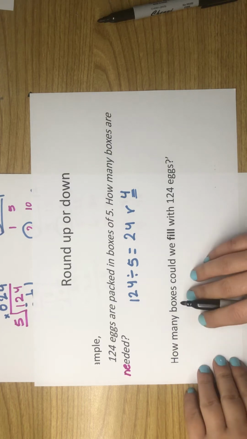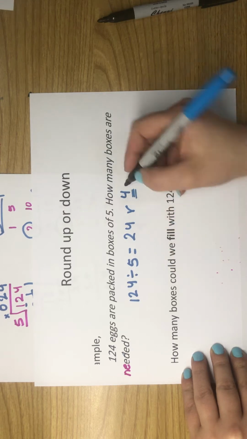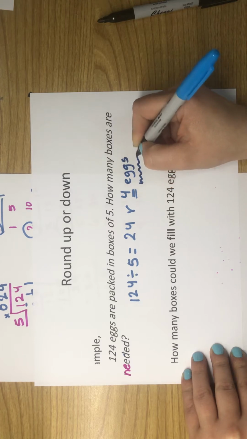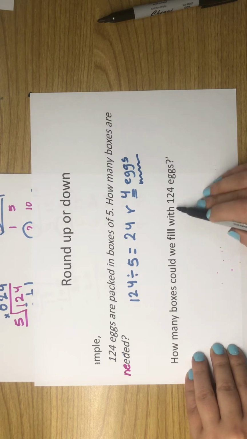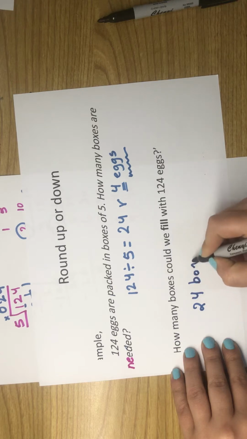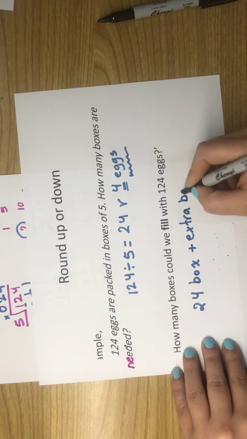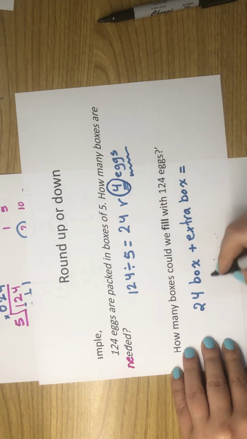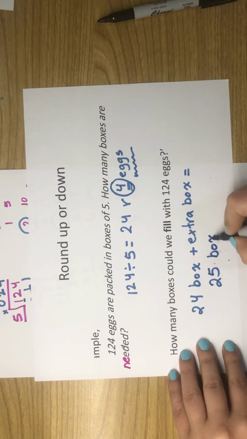So for 124 eggs, we will need 24 boxes, but 4 eggs are going to be left out. We can't leave them out. So how many boxes could we fill with 124? We need the 24 boxes plus an extra box to put the 4 eggs into, which equals 25 boxes, guys.